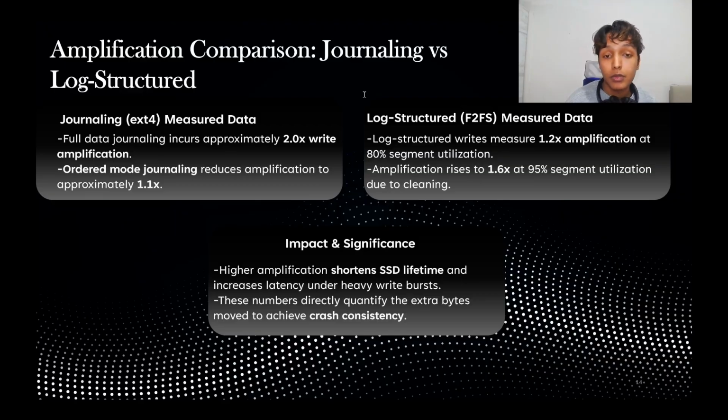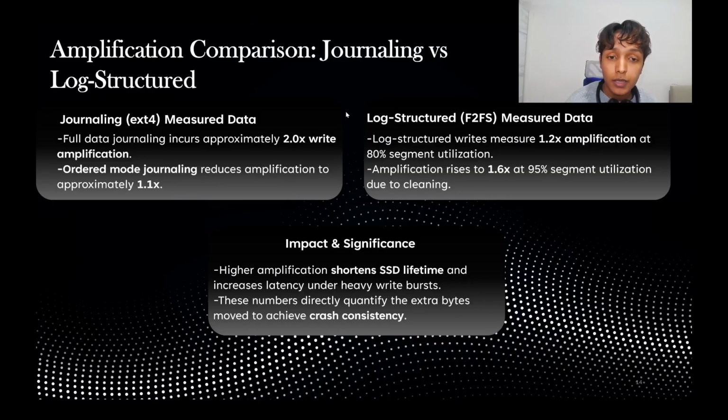So log structured file systems perform better than journaling when there is lots of free space. But as the disk fills, the log structured file system's write amplification grows because cleaning becomes more expensive.